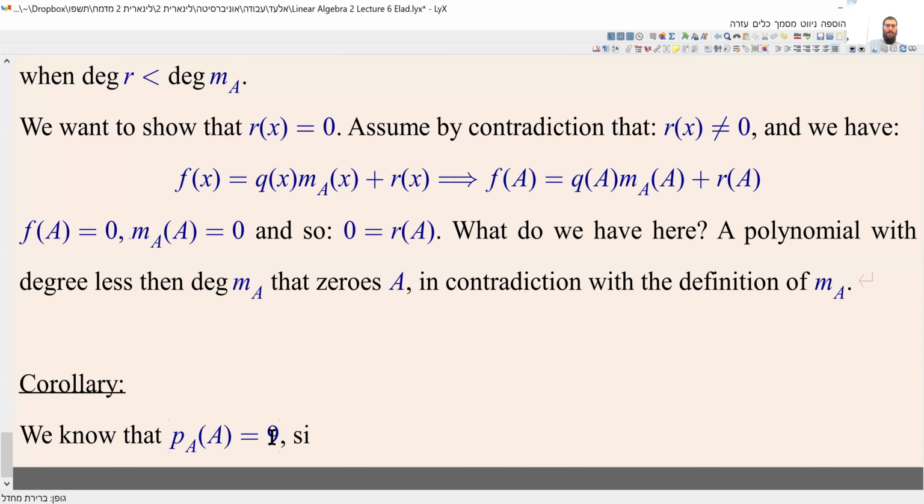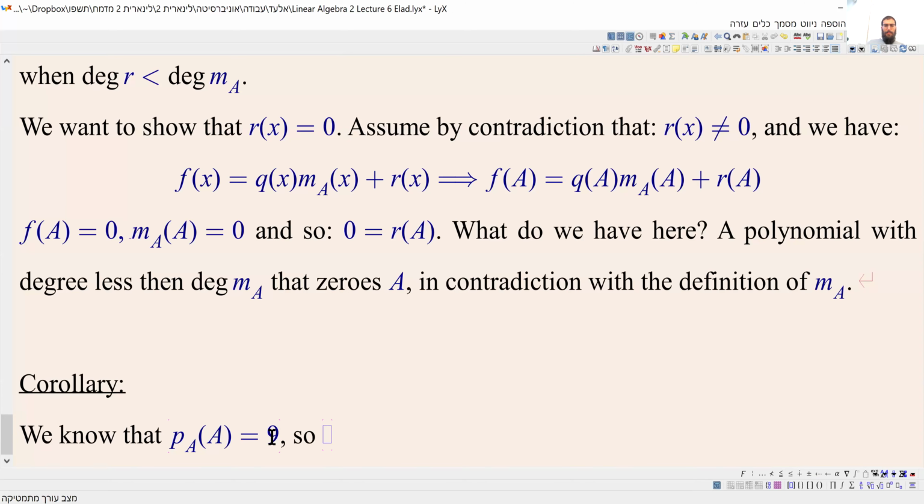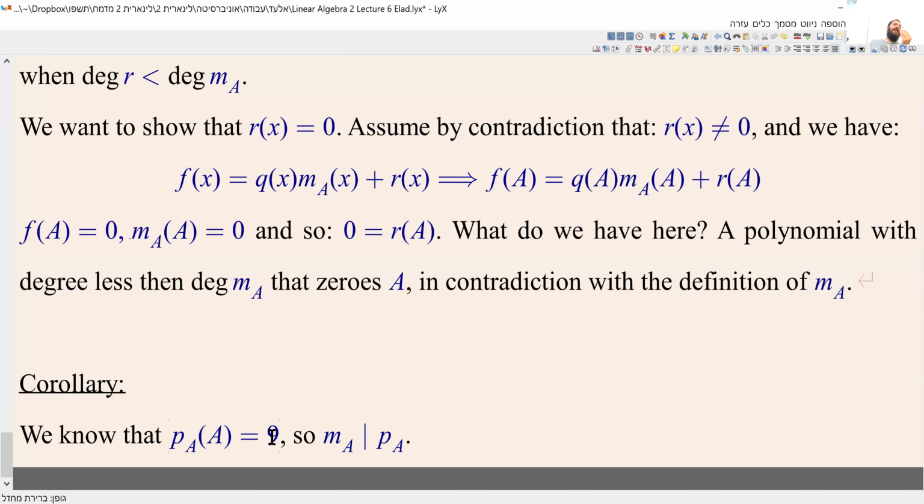So by our last theorem, the minimal polynomial divides the characteristic polynomial.